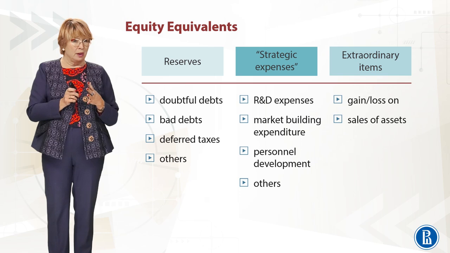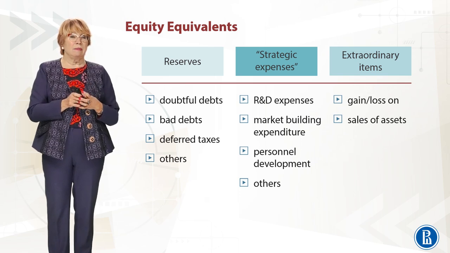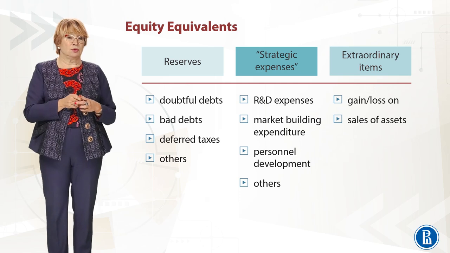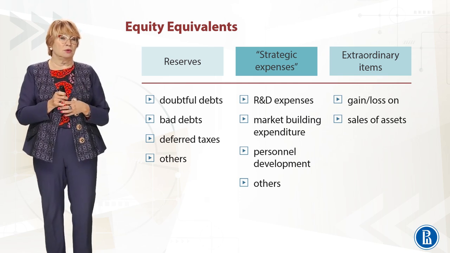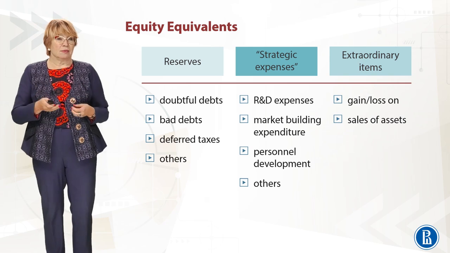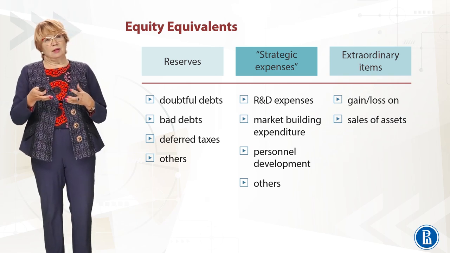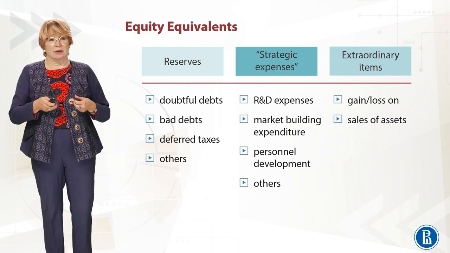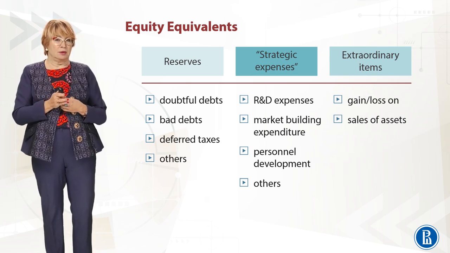To build your market, your customer base, you need lots of money on an annual basis to be spent on your marketing research, on your promotion activities, on your advertising activities, to retain your clients and to get new clients from your competitors.